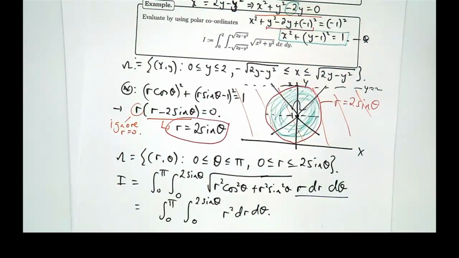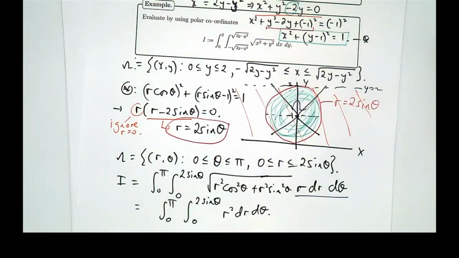So that looks a lot friendlier, at least on the surface, than what we started with. But you could just use Cartesians, no worries. If you don't like polars, you can do it. Right? So now we just need to integrate this.